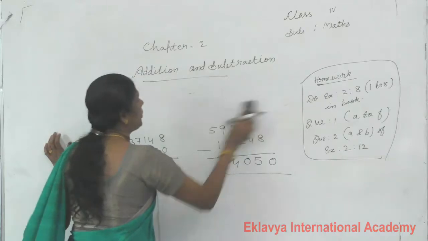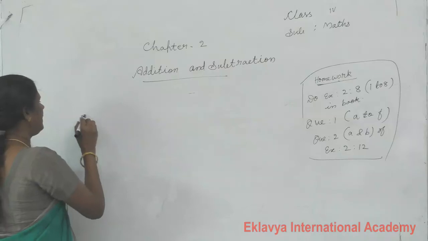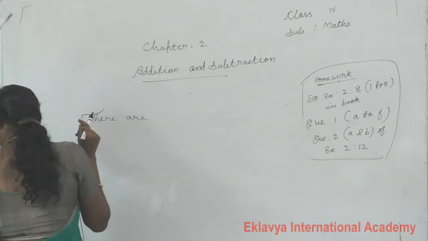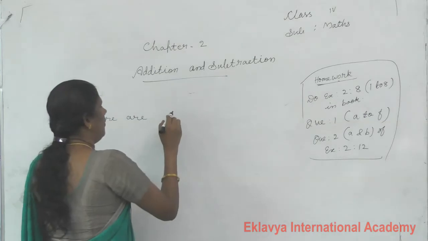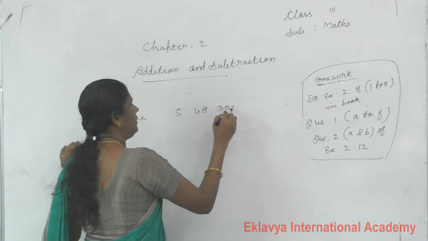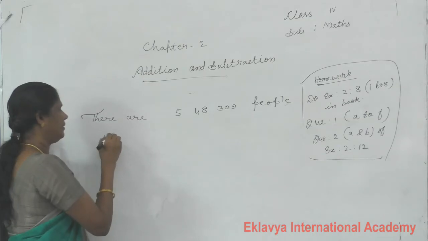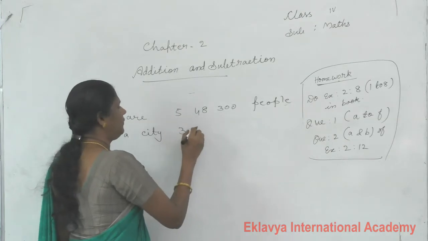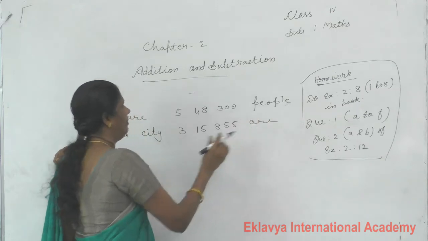Then solving the problems. There are 5,48,300 people in a city. 3,15,855 are men.